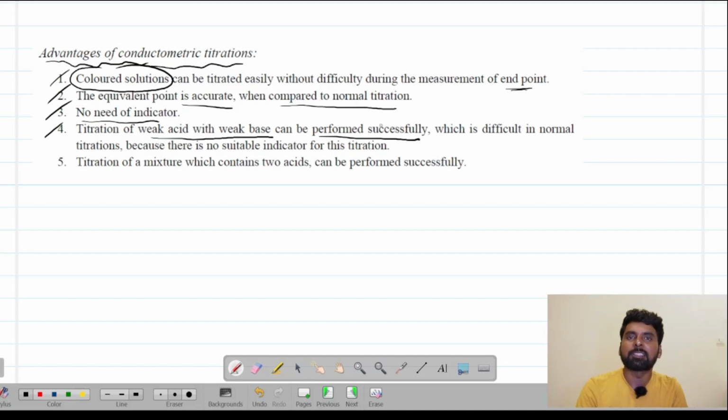In acid base titrations, for one titration you have no indicator choice: the weak acid, weak base titration. There is no suitable indicator in normal titration, but you can do it with conductometry. And fifth, titration of a mixture of two acids can also be performed successfully using conductometric titration.